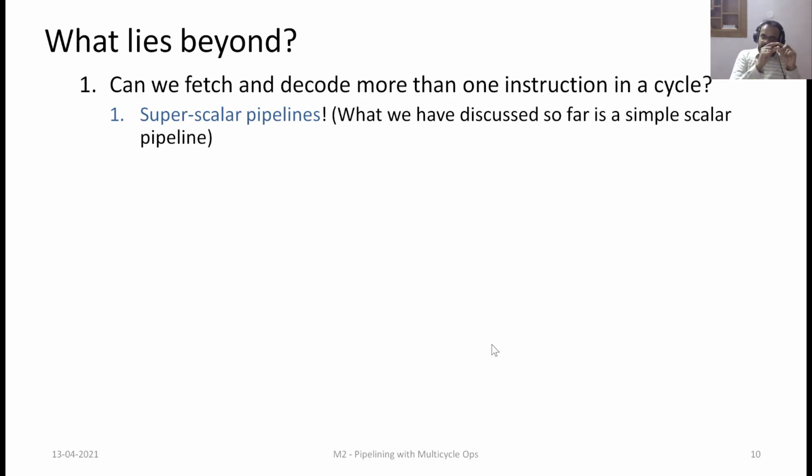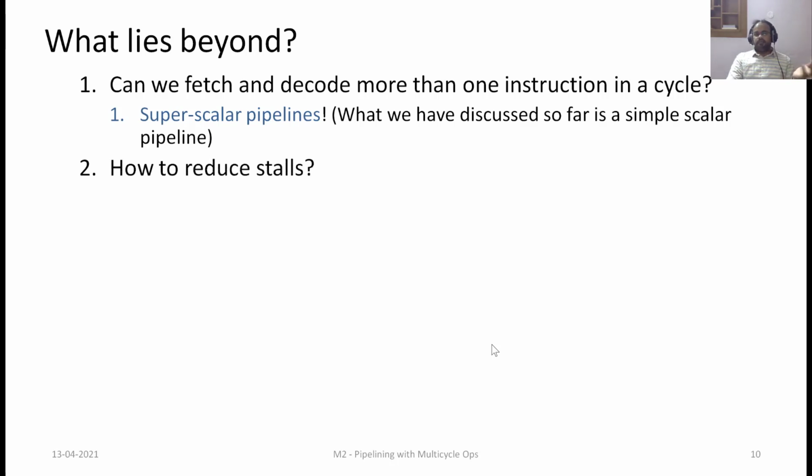Now what we have is a single fetch, decode, execute, memory, and write back stage. Let's try to replicate that 3 or 4 times, and together we are able to fetch, let's say, four instructions at a time. We are able to decode four instructions at a time, and possibly execute all of them at a time, and so on and so forth. In that case, whatever a single pipeline was able to achieve, now the performance would be 4 times of that.